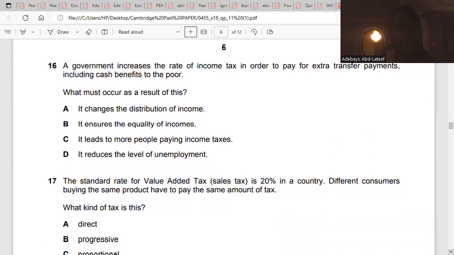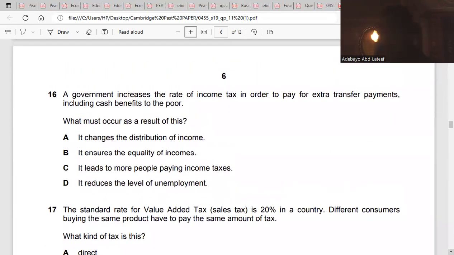Question 16. The government increases the rate of income tax in order to pay for extra transfer payments, including cash benefits to the poor. What must occur as a result of this? So if government has increased the rate of income tax, this kind of tax could be progressive.